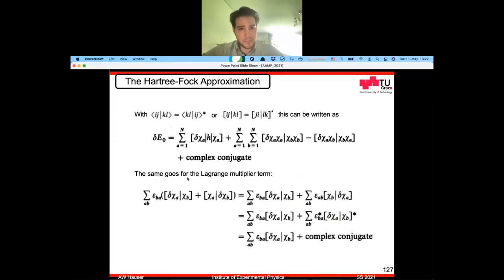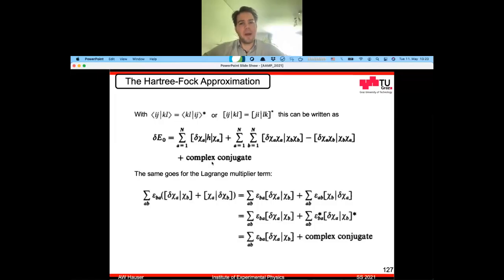There is another thing we note when we apply this infinitesimal variation, because if we take the complex conjugate, (ij|kl) is equal to (ji|lk)*, we realize that the actual variation of our energy is simply an expression for the core Hamiltonian that looks like this with the variation on one side, plus the variation on the left like this, and the whole thing that I've just written here again, but complex conjugate.